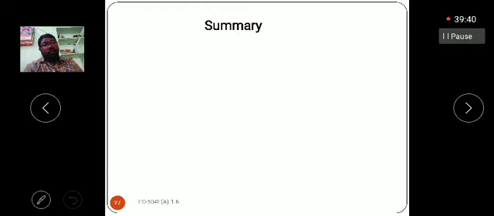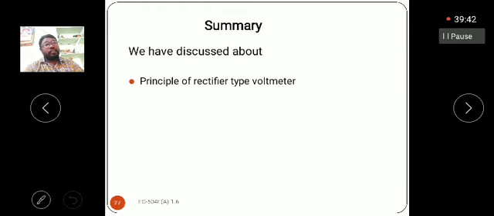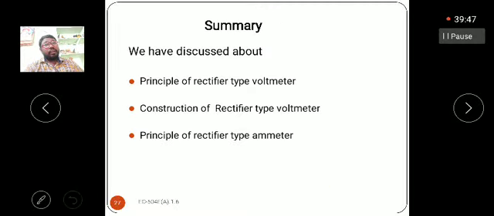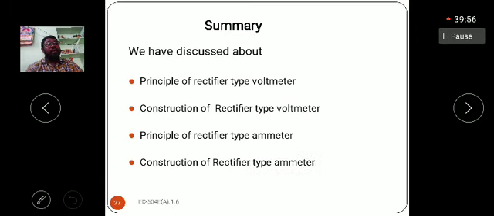In this presentation, we have already discussed the principle and construction of the rectifier type voltmeter. With the help of the full wave rectifier, half wave rectifier and bridge rectifier, we observed how they convert AC voltage into DC voltage.